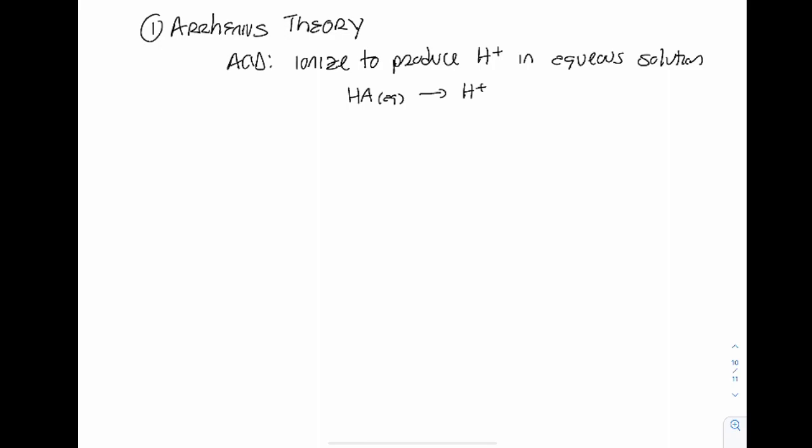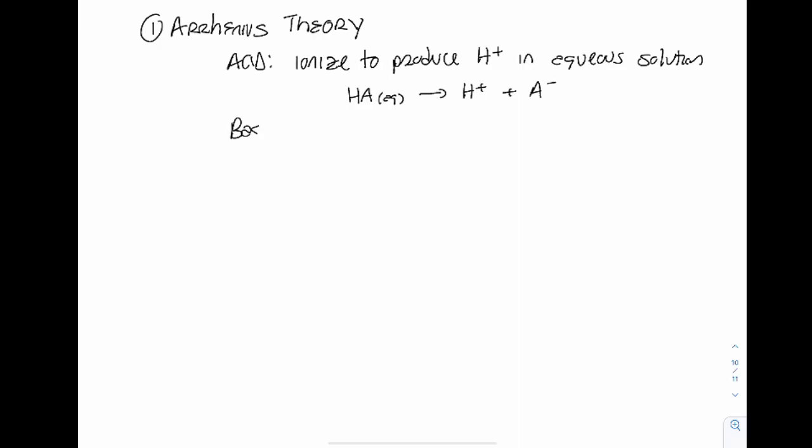So our acid is going to ionize to produce hydrogen ions, so H+, protons, in aqueous solution. So HA, put it in water. One of our products, when it ionizes, is H+, making it an Arrhenius acid.